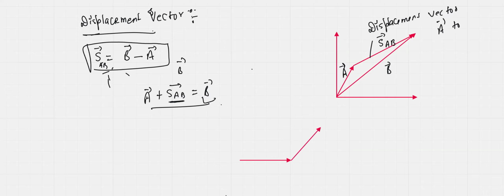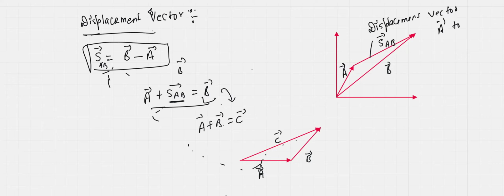And the third one was joining the tail of A and the head of this. So what we have got is A vector plus B vector equals C. We already know the relation that A plus B is equal to C.